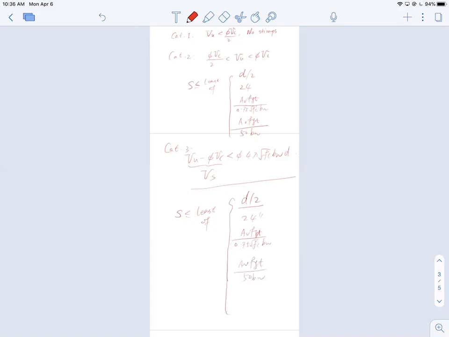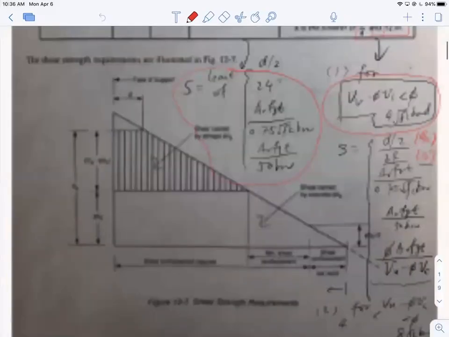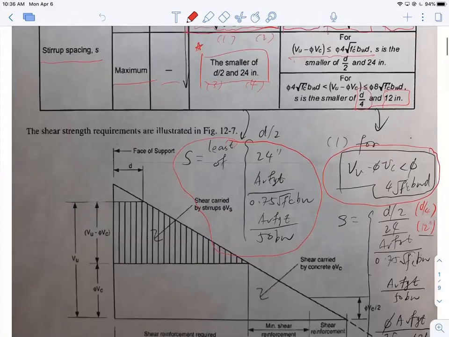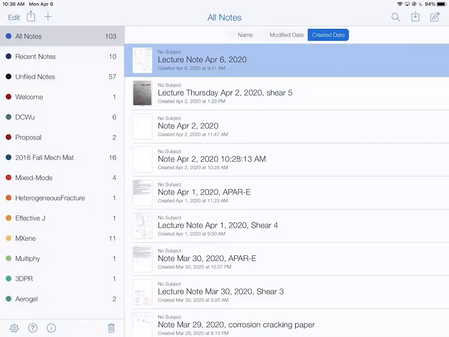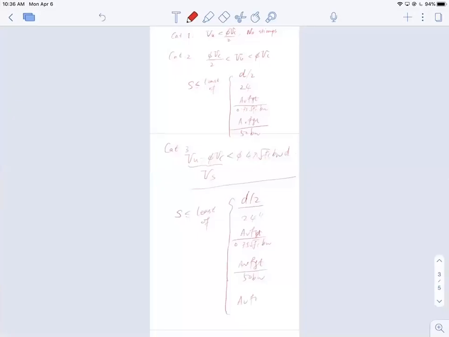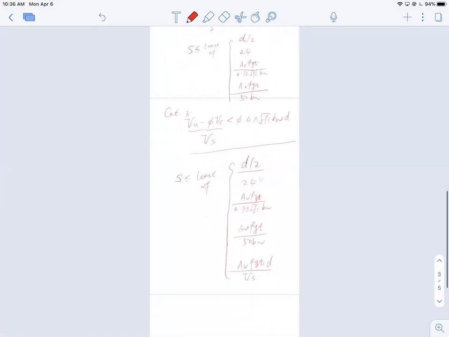And don't forget the calculated spacing right here, from AVFYT, VS, and D. That is all the spacing requirement you need for category 3.